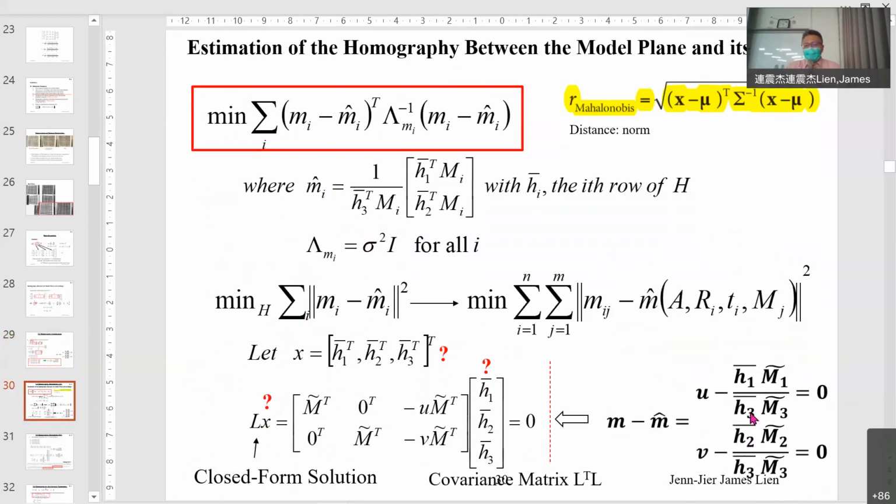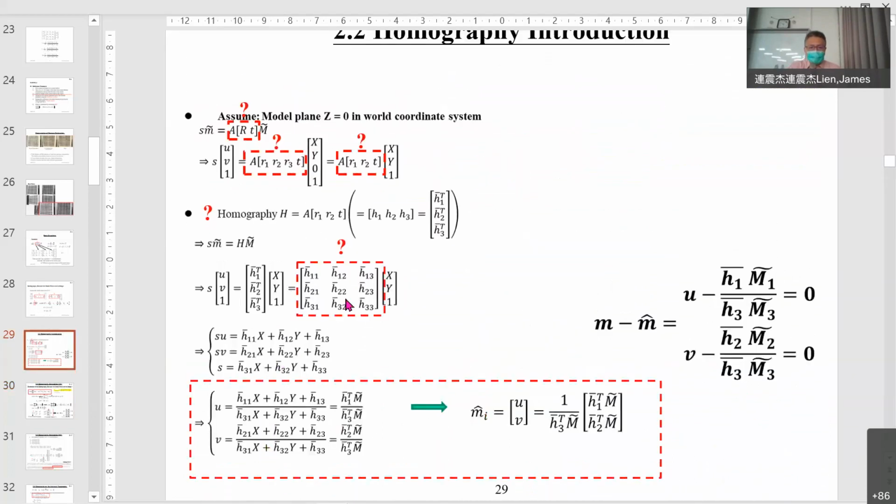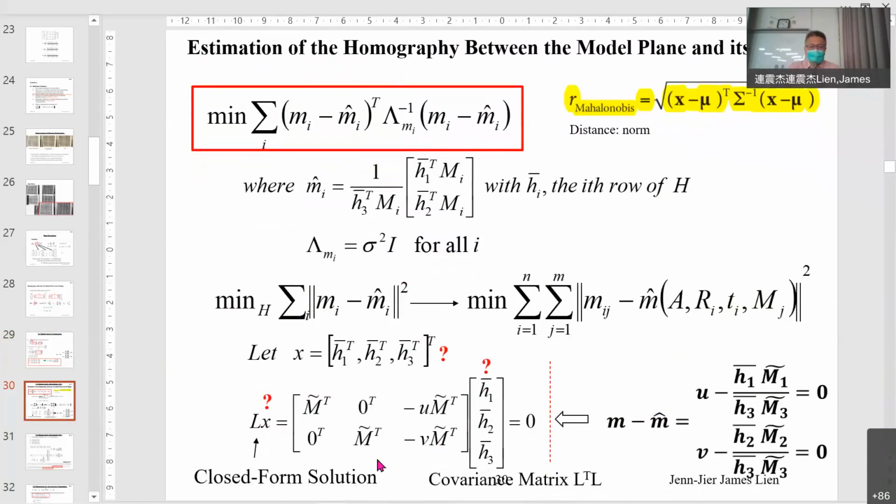Okay, so we try to solve this one. This homogeneous term becomes this one. So the unknown is H. So we start to transform again, to reformulate, reorganize it to become this. So it becomes Lx equal to 0. So it becomes this term, with this known and this unknown. Because you cannot use this one: this is unknown, this is known, and they are combined together.